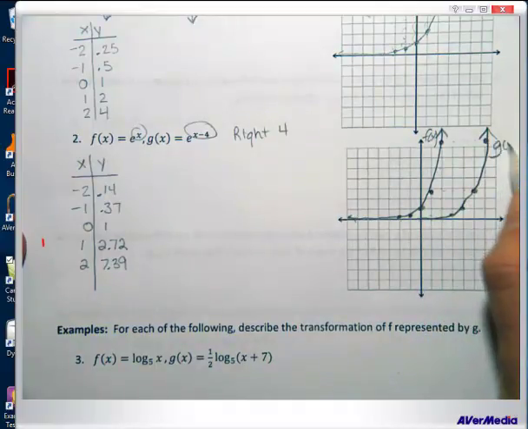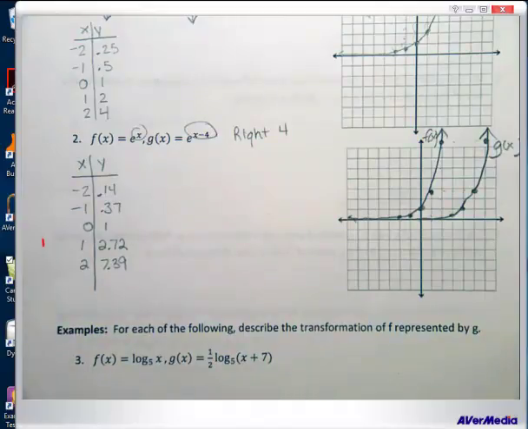Then there's my g of x. If you don't like doing it that way, you plug this other function, g of x, into your calculator, you get a table of values, and you plot those points. Okay, questions on graphing?